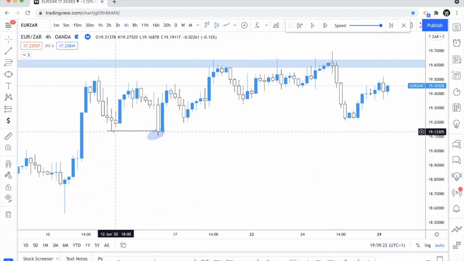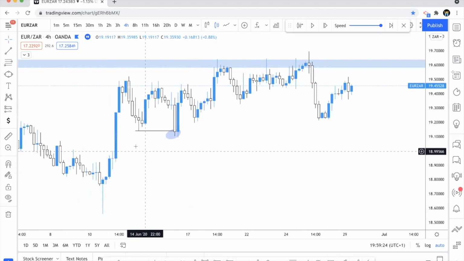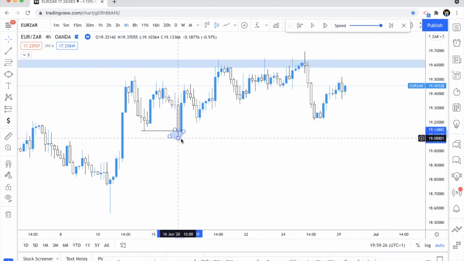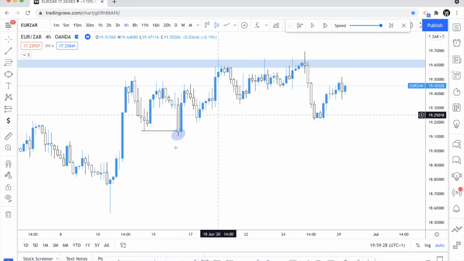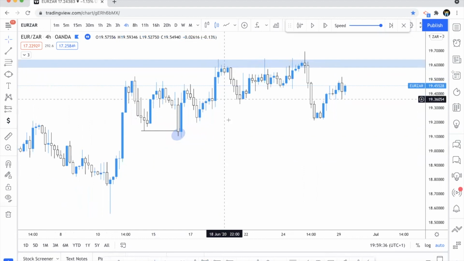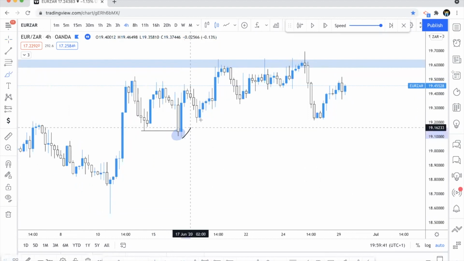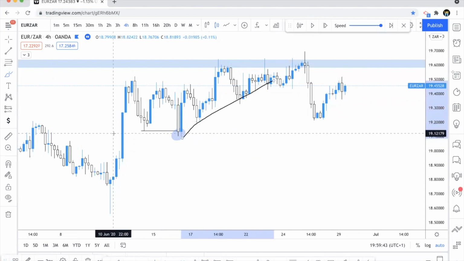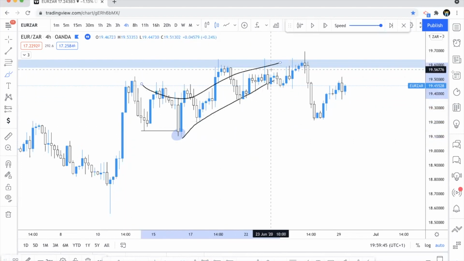It's broken them ever so slightly, and then price just took off from here and started going up. So you can see there's a low, a high, another low, another high. The high still stays the same. There's a low here, another high. In the behavior of the market, the price hasn't really changed its direction yet. It's still bullish here.